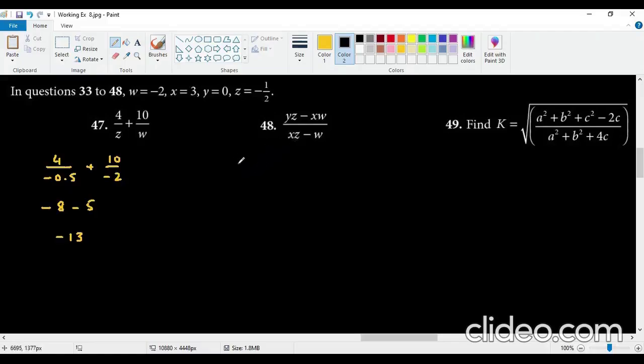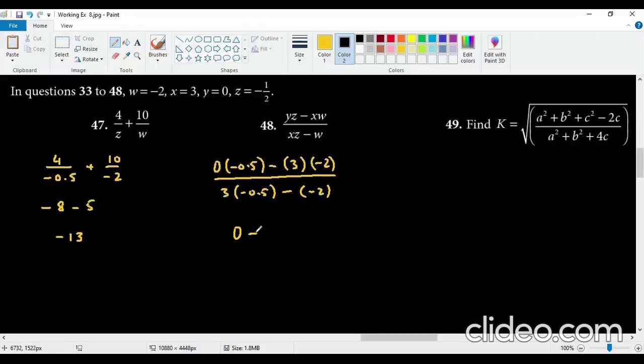When it comes to yz, y is 0 and the z value is negative 0.5, minus the x value, which is 3, and the w value, which is negative 2, and the whole thing is divided by the x value, 3, multiplied by the z value, negative 0.5, and minus the w value, negative 2.